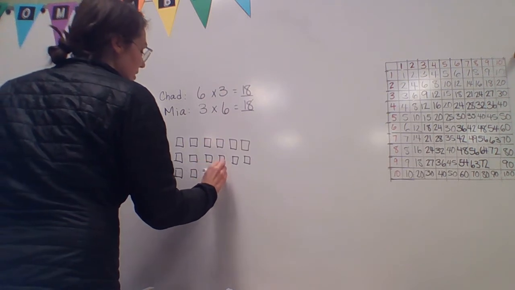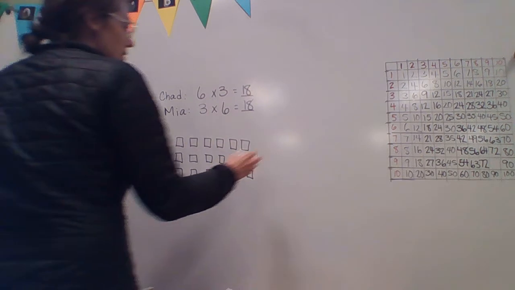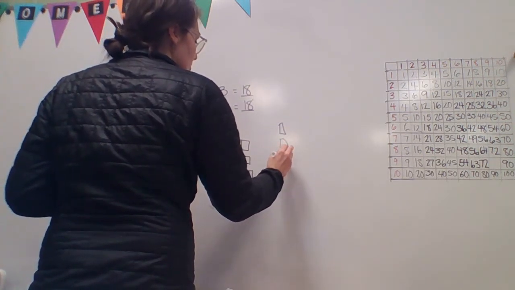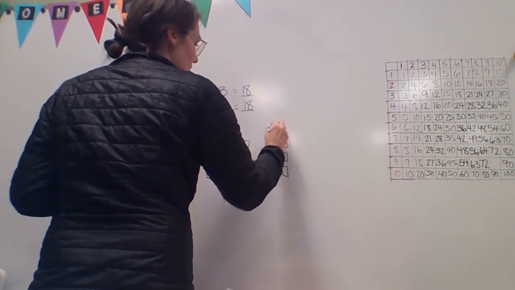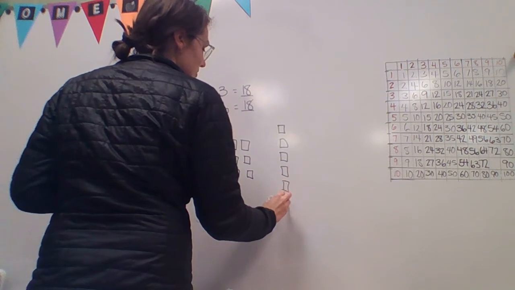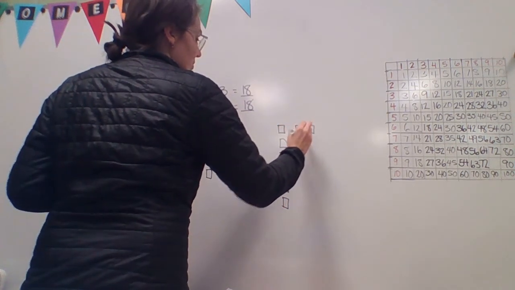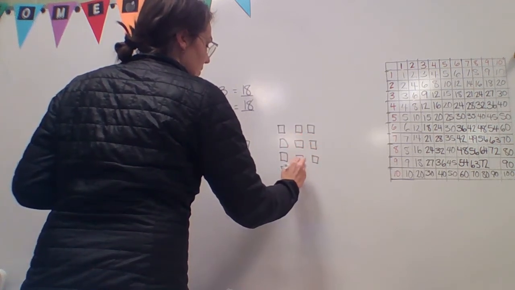So this would be Chad's array. For Mia's array, we're going to have 6 rows. 4, 5, 6. Am I still on camera? Yep. But instead we have 3 in each of those 6 rows.